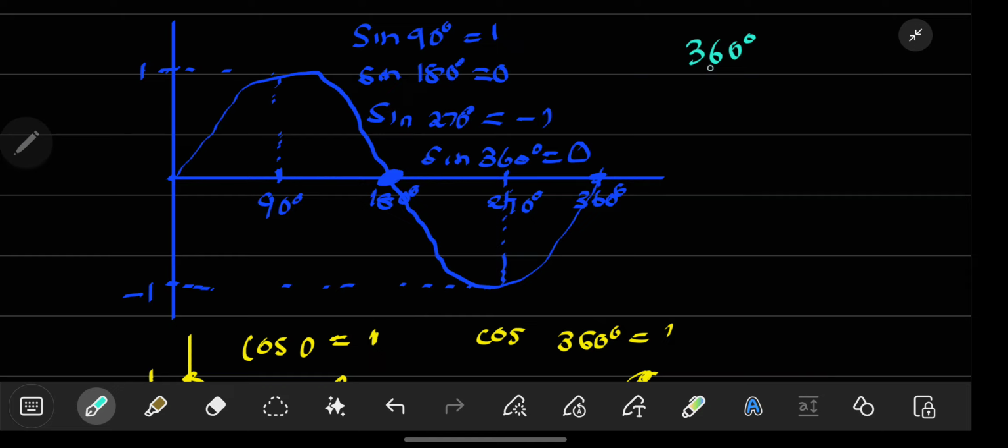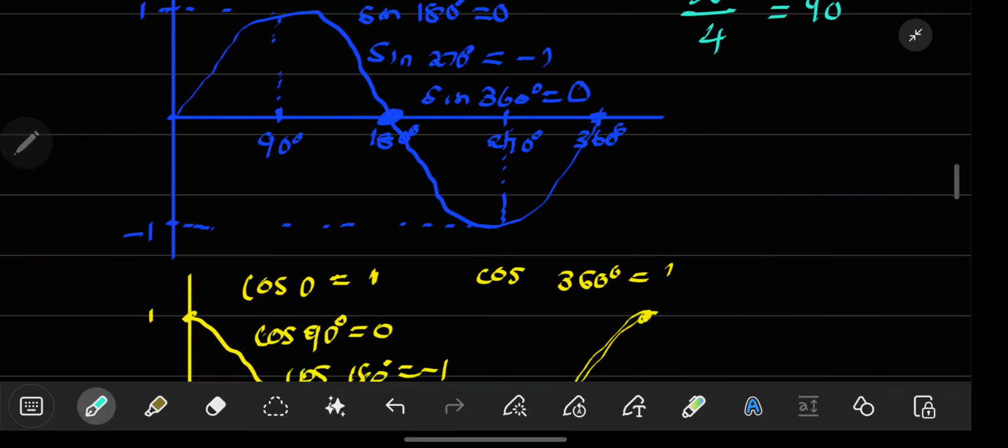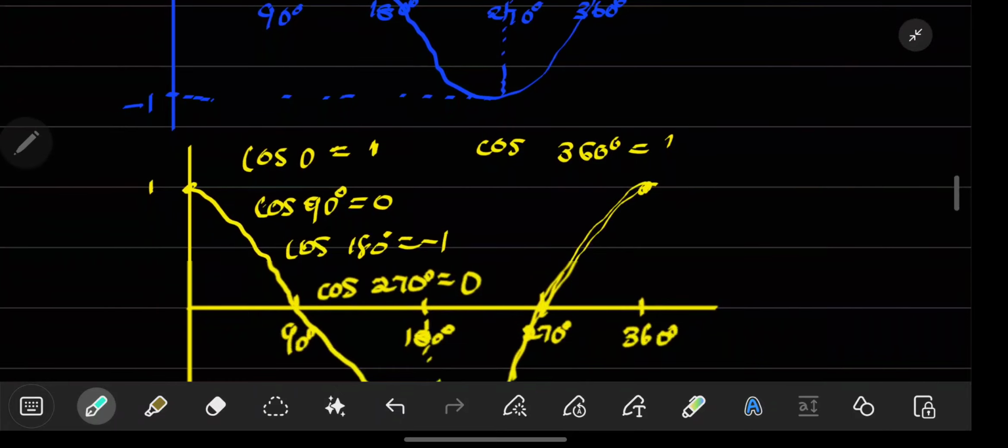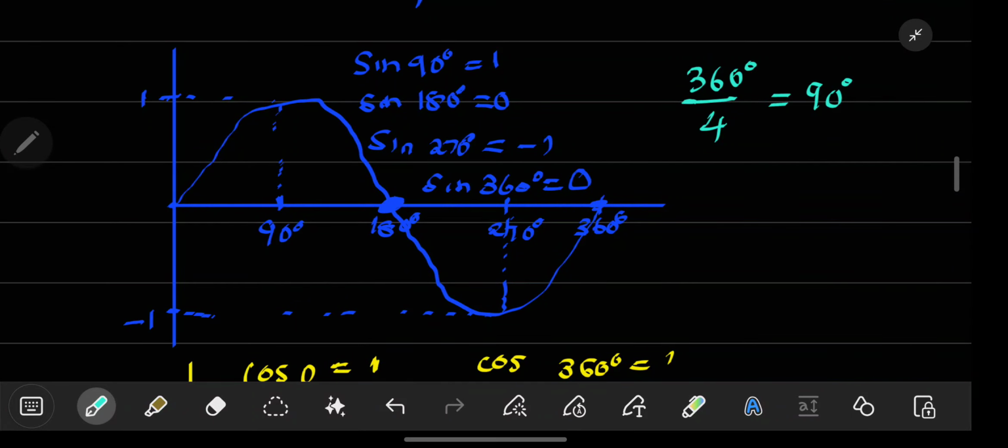Then you divide by 4. 360 divided by 4 is 90 degrees. So that's why we were moving 90 plus 90, which is 180, plus 90, which is 270, plus 90, which is 360. For both sine and cosine, their period is 360.